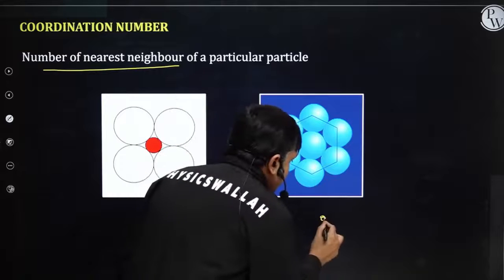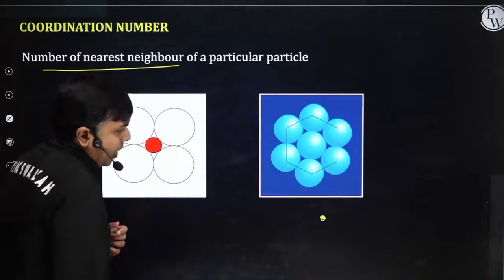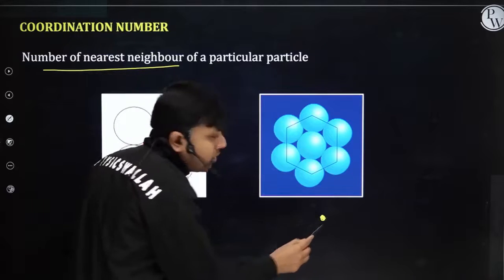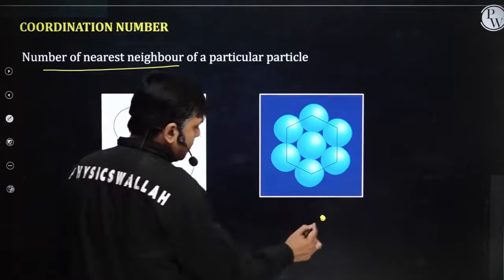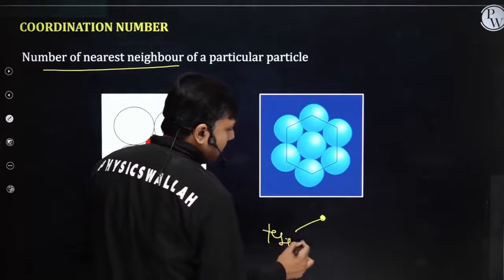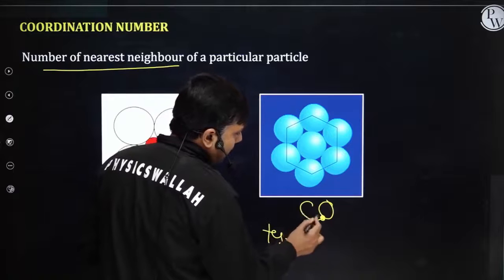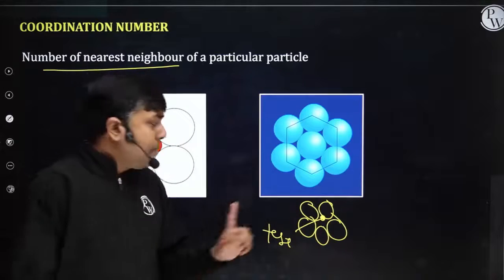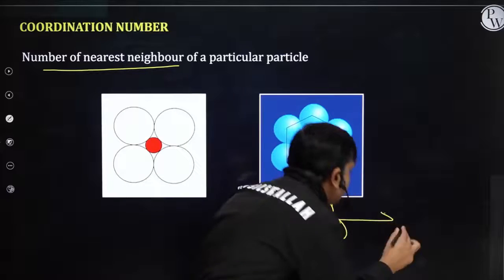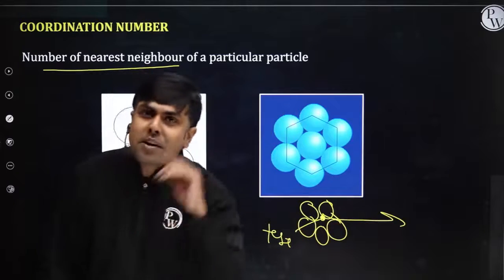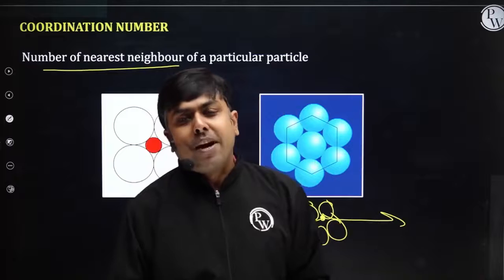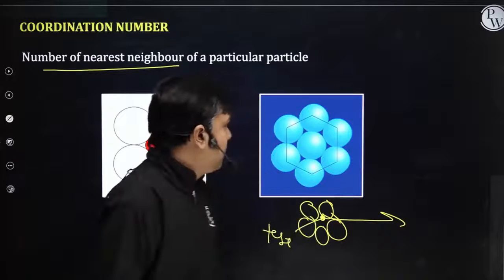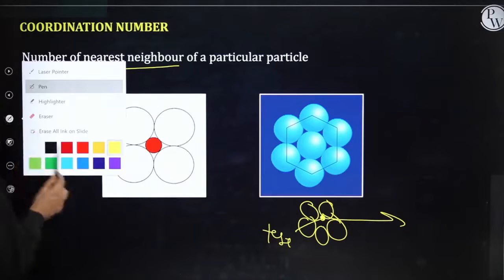Suppose this is my test particle, and now I have to find out the coordination number of this particle. So now I will see how many particles are surrounding this particle. The number of particles surrounding my test particle is nothing but the coordination number of that particle. Am I clear, students?